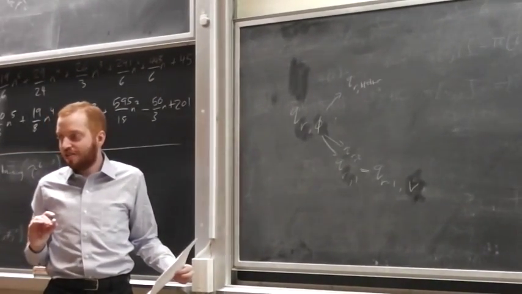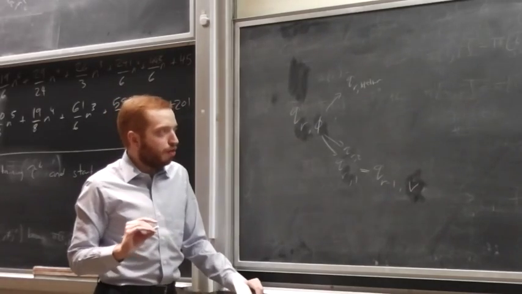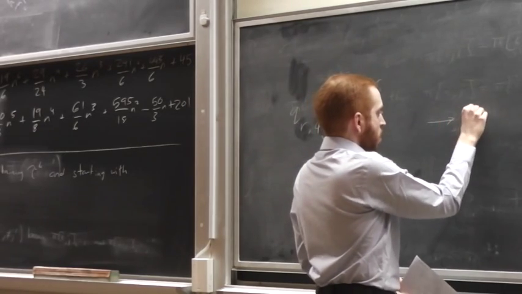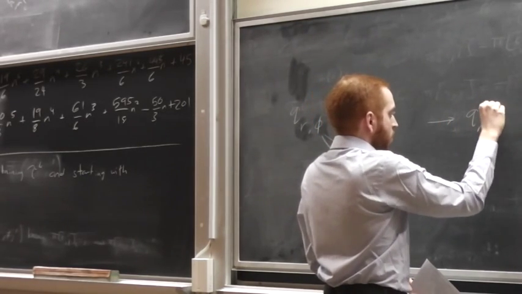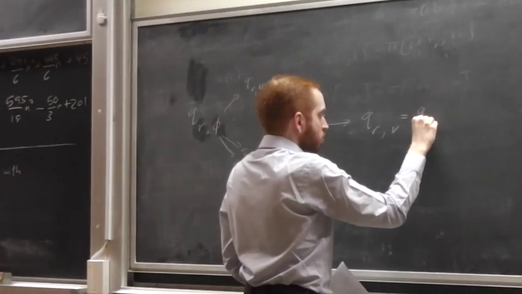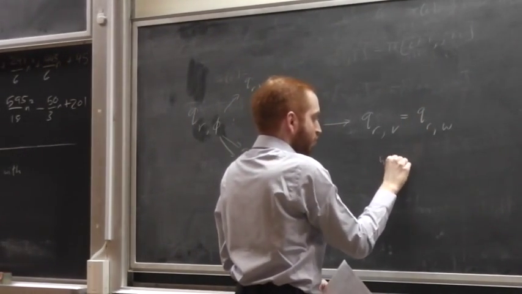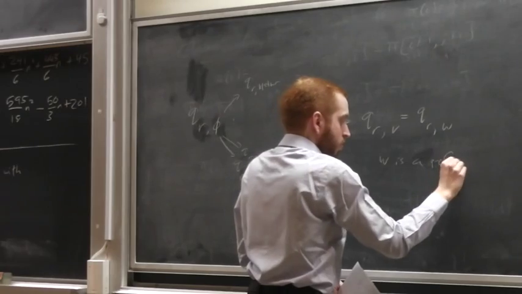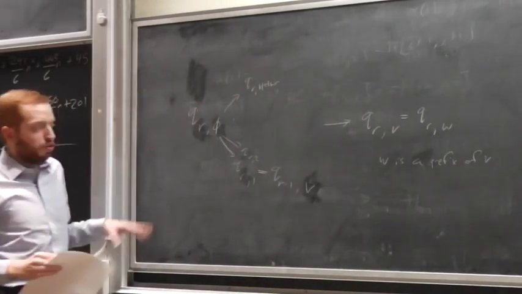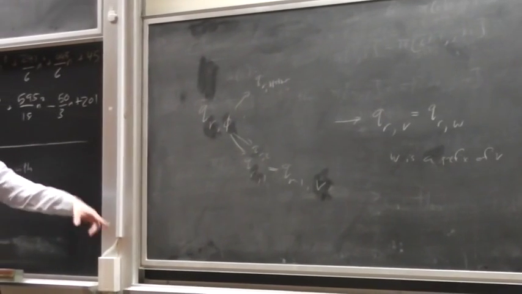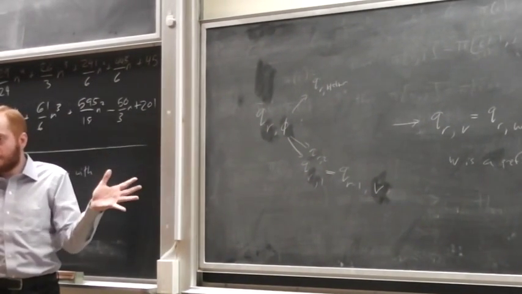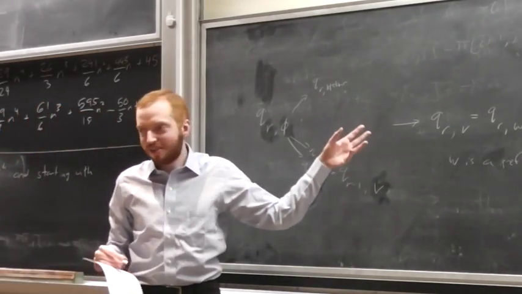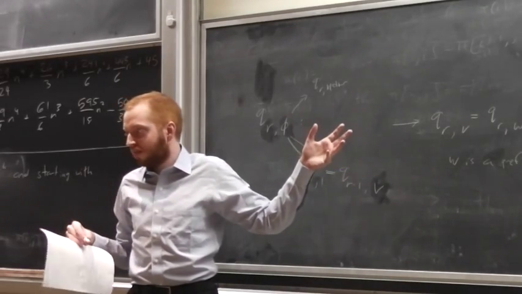Unfortunately, this won't happen to every branch. So the other thing that we would like to happen is for perhaps somewhere out here, I have Q, R, V, and I will prove that this is equal to Q, R, W, where W is shorter than V, and in particular, a prefix of V. So either we get escape to lower codimension, or we wrap around. And this by itself would not prove polynomiality, because there are many recurrences that wrap around like this where the solution isn't polynomial, like the Fibonacci sequence.